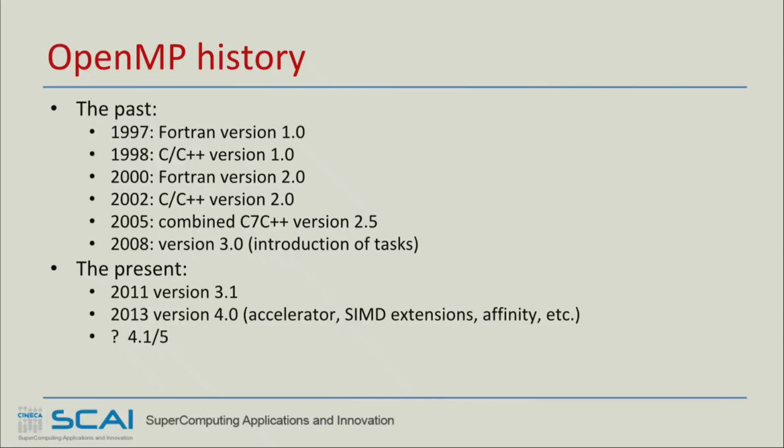Then we had some years without much work, but now we are evolving towards OpenMP 4.0 and OpenMP 5. There is something that is important to say, that up to now I'm talking about the standard. As I told you, the standard is something quite abstract, because it is a set of rules and directives.